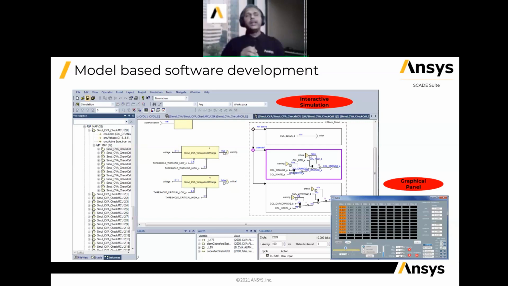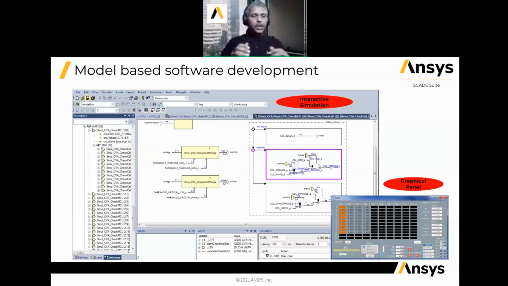Now, one of the very interesting points here is that when we move up to an ASIL D kind of requirement, not necessarily ASIL D, it could be ASIL C or even ASIL B, improving the software's deterministic behavior is one of the important ways in which you can increase the overall safety of the vehicle.